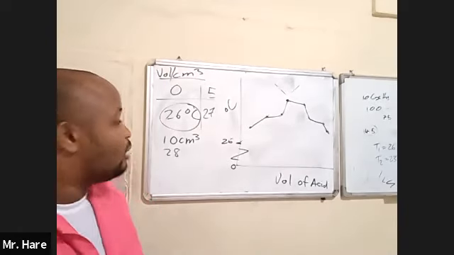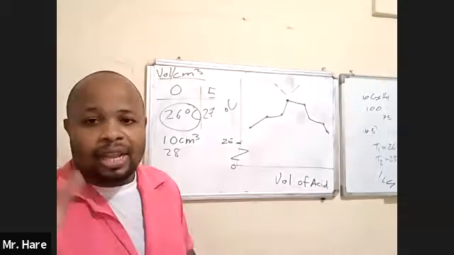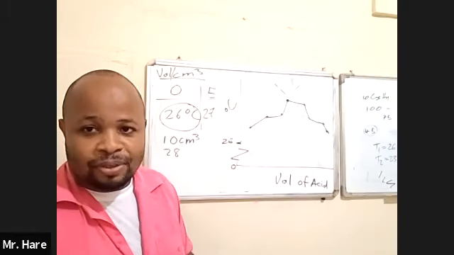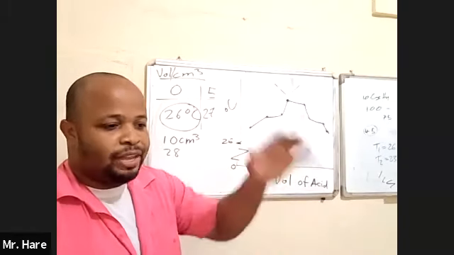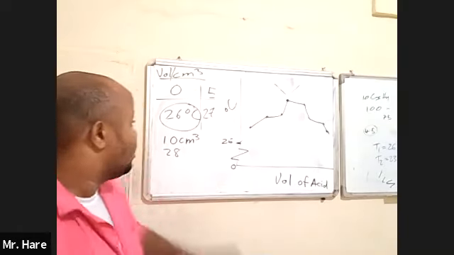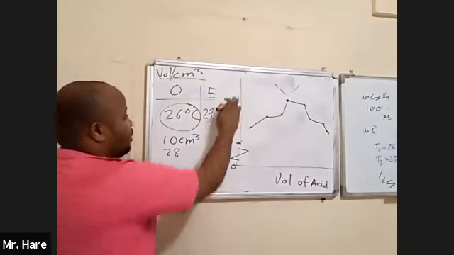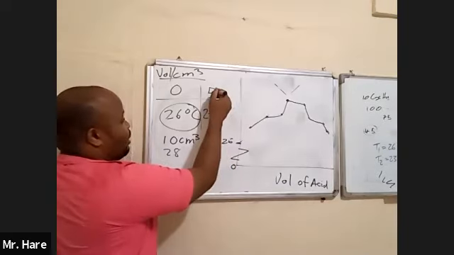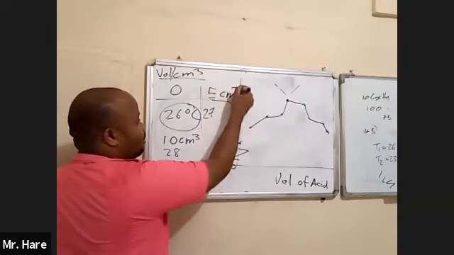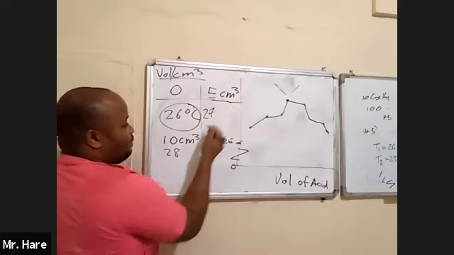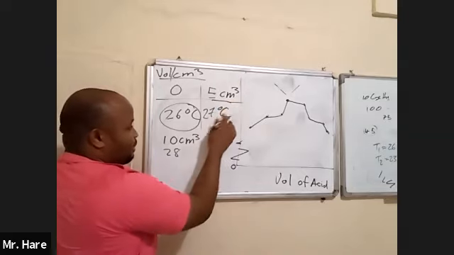Okay. Right, because remember, it's not like acid-base titration now. So remember, we would have added 5 cm³ first and recorded the temperature. When you add 5 cm³, you would record the temperature at 5 cm³. Let us say 27.